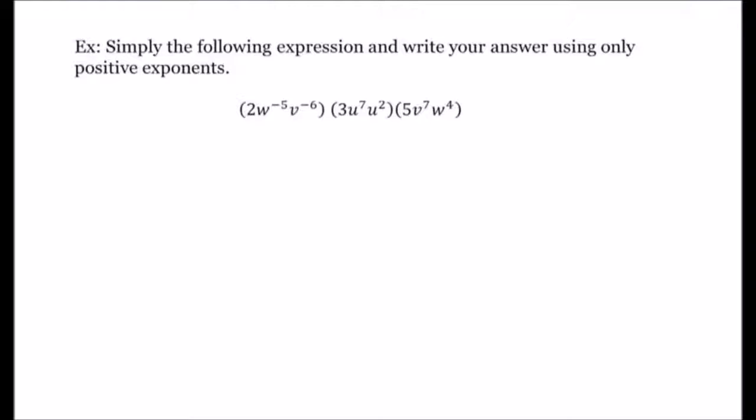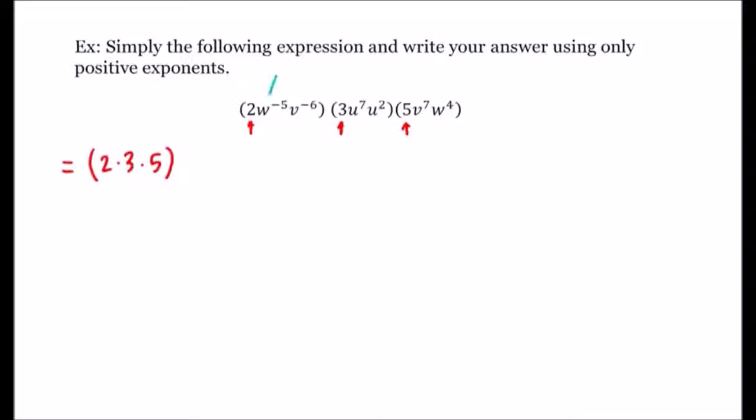Let's simplify the following expression and write our answer using only positive exponents. Since multiplication is both commutative and associative, we can regroup this multiplication as follows. We can take all the numbers first, the 2, the 3, and the 5, and multiply them. So this is equal to 2 times 3 times 5.